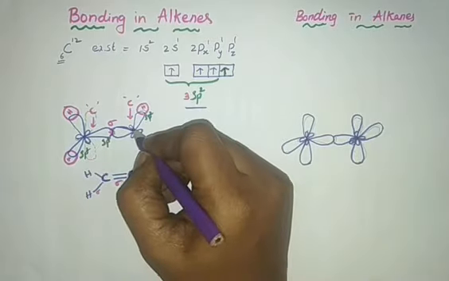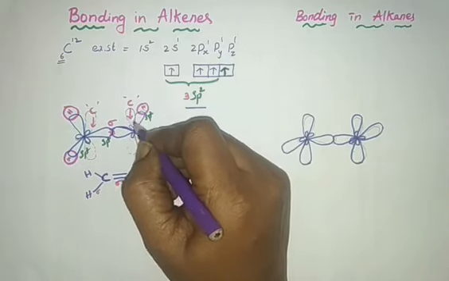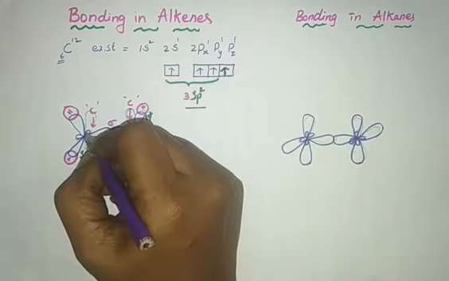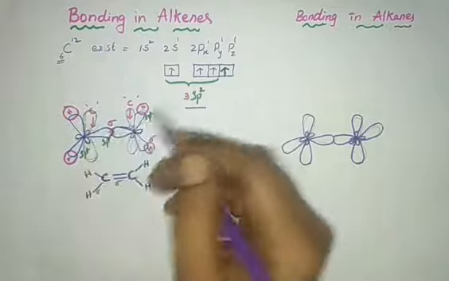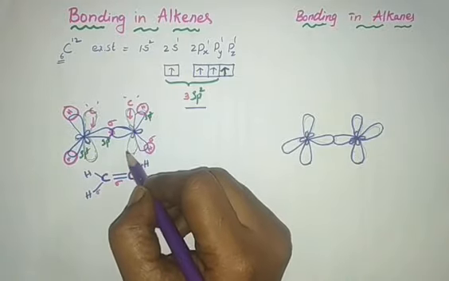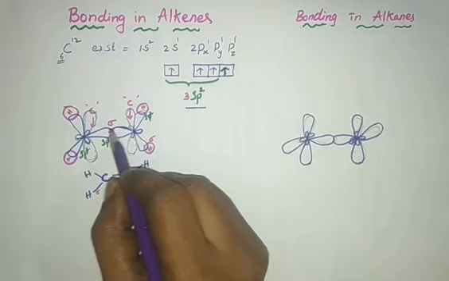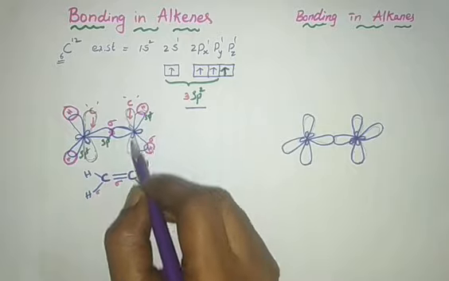See here, the difference between unhybridized orbitals and hybridized orbitals is, hybridized orbitals have 1 lobe smaller and another lobe bigger, whereas unhybridized orbitals will have almost similar lobes of the p orbitals. Look at, hybrid orbitals will have 1 smaller lobe and 1 bigger lobe, right? Unhybridized orbitals will have both bigger lobes, right?